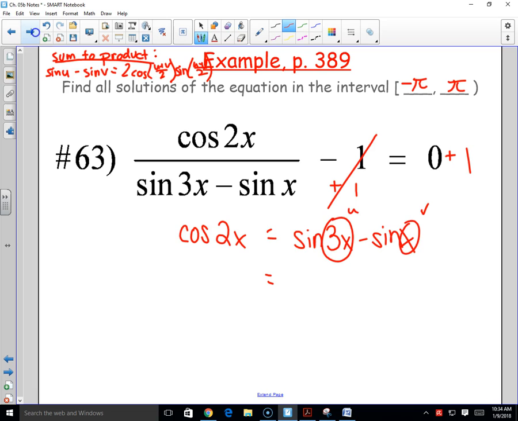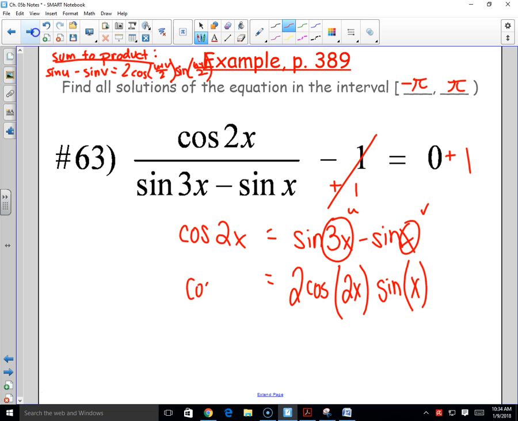Here's my v. 2 cosine, add them. What's 3x plus 1x? 4x divided by 2. So 4x divided by 2 is 2x. Nice. Times sine, subtract them. What's 3x minus x? 2x. Divided by 2, 1x.